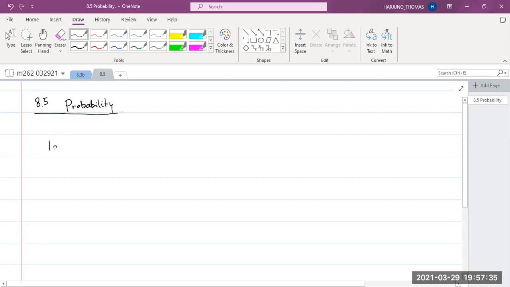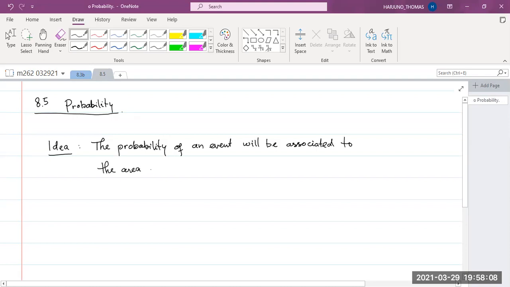Here's the idea. The probability of an event will be associated to the area under the curve of probability curve.